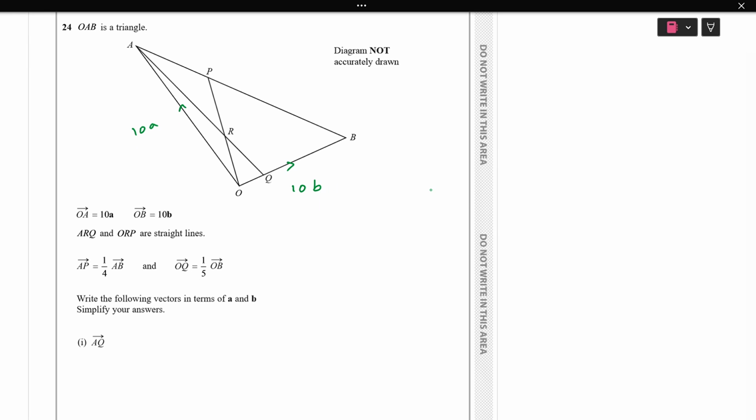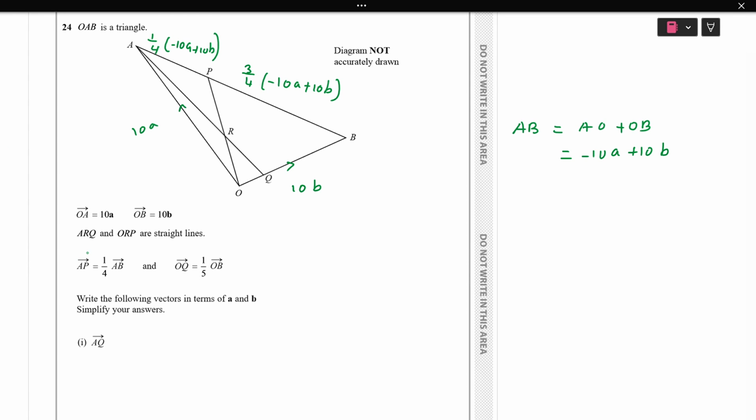AB equal to AO plus OB, which is minus 10a plus 10b. That is AB. So AP is 1/4 of minus 10a plus 10b, and here is the rest. Here is 1. That means the remaining is going to be 3/4 of minus 10a plus 10b.